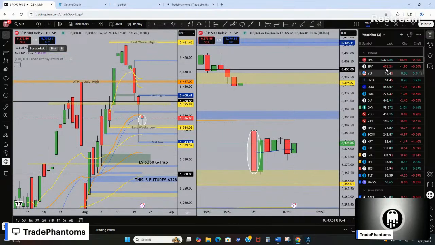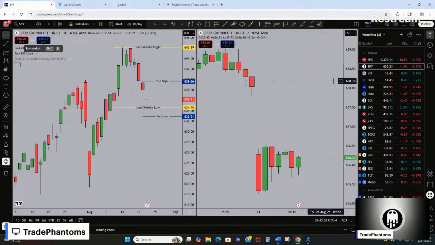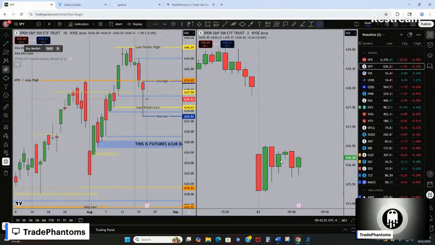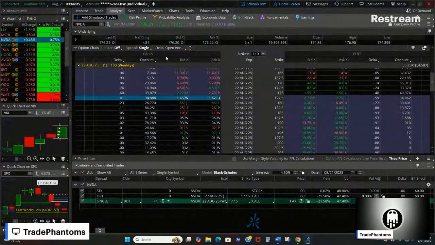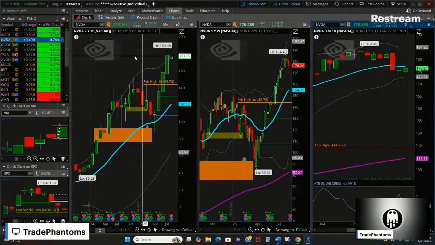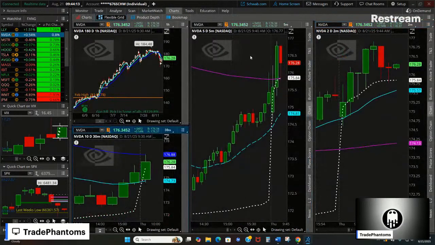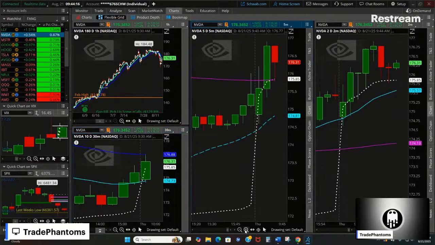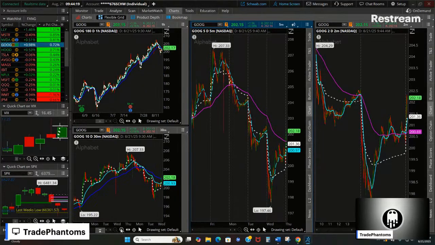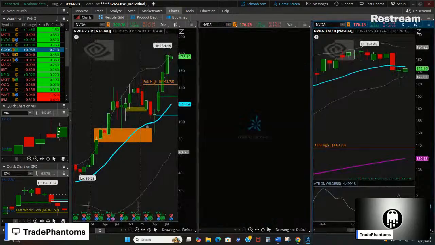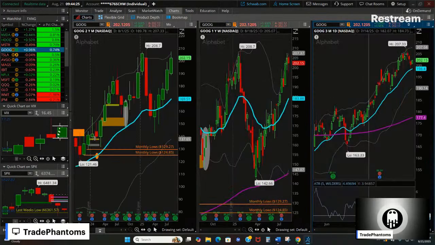All right, so far range off open in the first 15 minutes on indexes. Oh, this is so slow. Google trying to hold up some bids here.